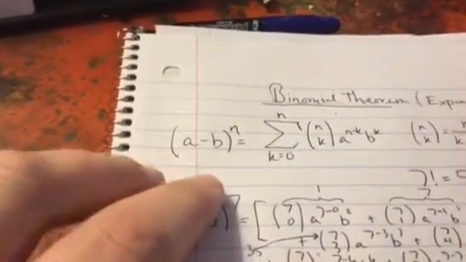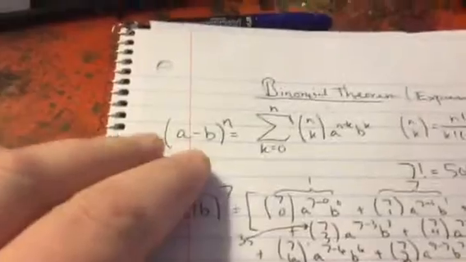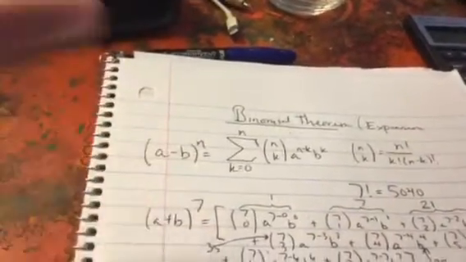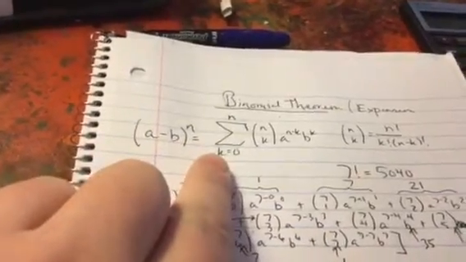As I said before, the binomial theorem is that a 2-term algebraic expression, thus a binomial, raised to a power n leads to a summation.